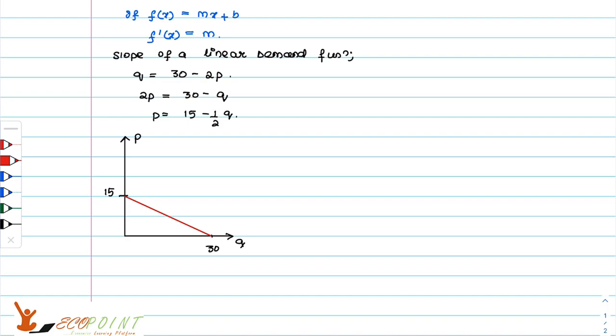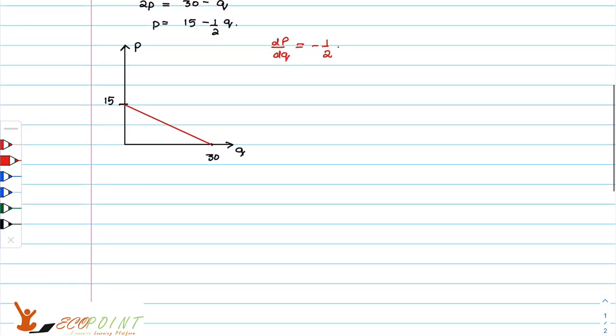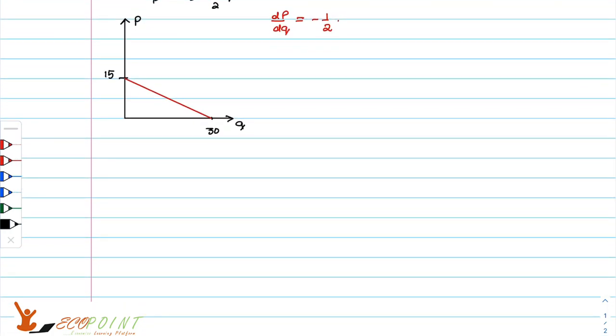I've told you in the earlier class on the budget line that the slope is the intercept on the y-axis upon the intercept on the x-axis, which is 15 upon 30, equal to half. Otherwise, you can also write dP by dQ equals minus half.